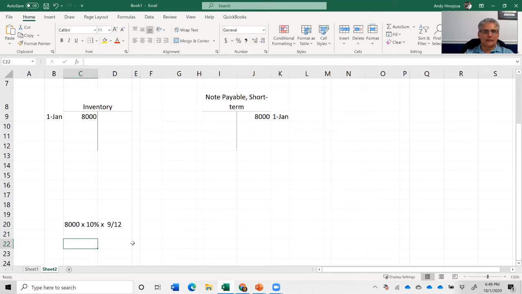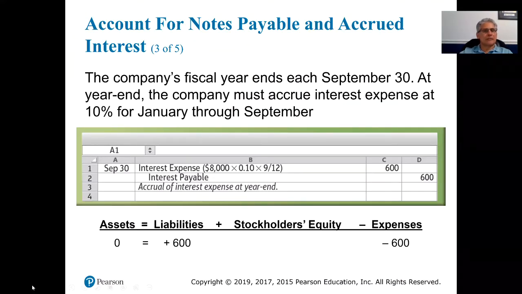So let's do that: 8,000 times 0.10 times 9 divided by 12. That means we are accruing $600 of interest expense. The way that's going to be recorded is a debit to interest expense and a credit to interest payable. Both of those are going to be $600.